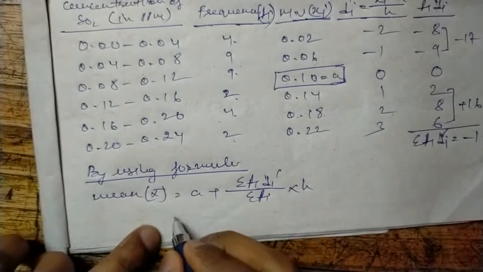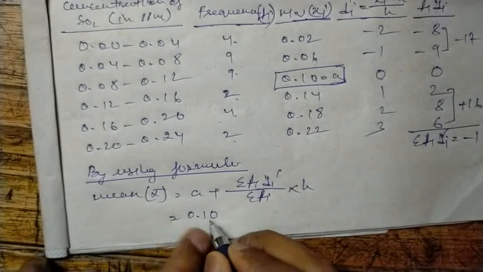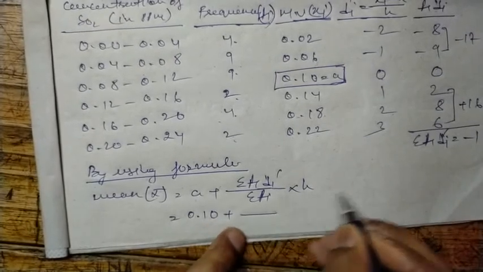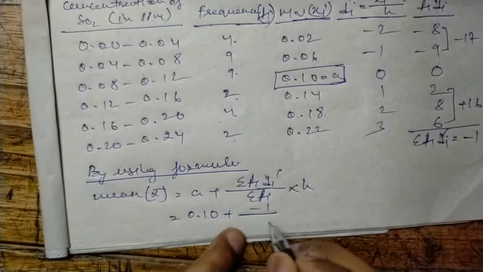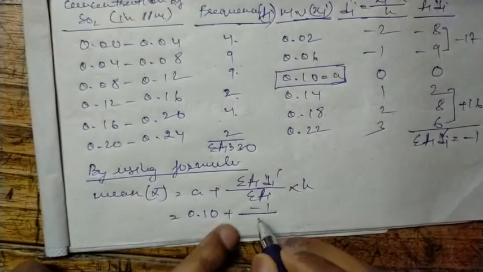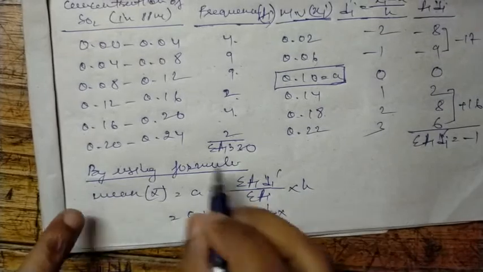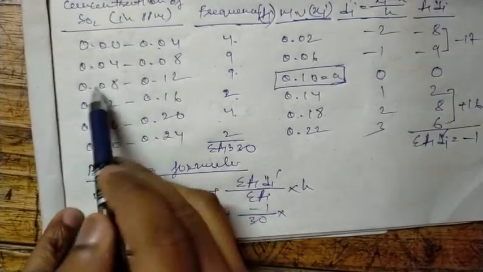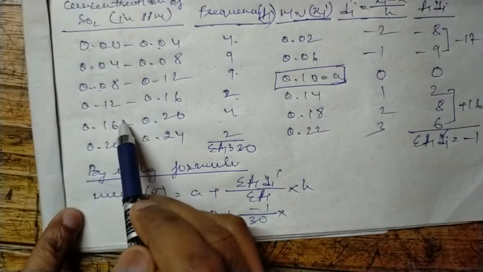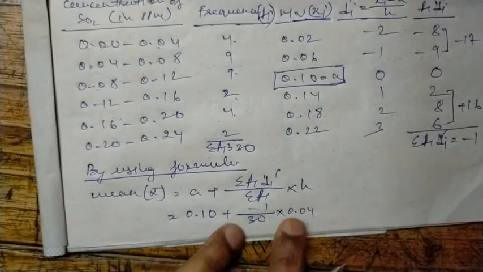So what is our assumed mean? 0.110. And what is this? -1. And sigma fi is our 30, right? So we can write here 30 into the class size. As we have already calculated, the class interval gap is 0.04. Okay, we have calculated it over here.